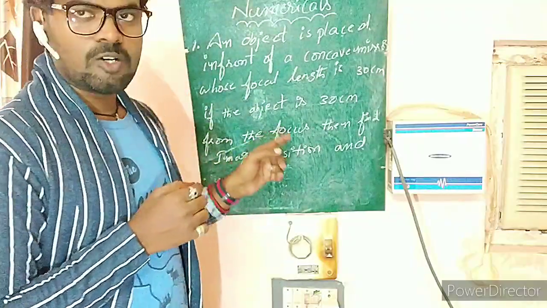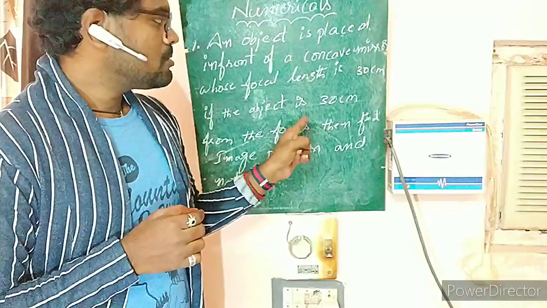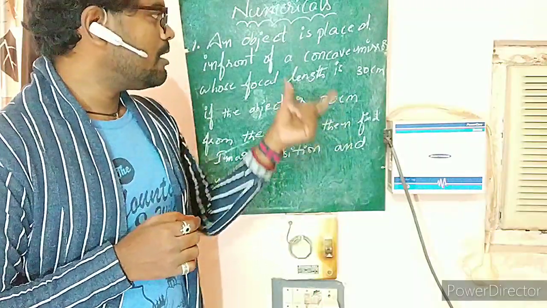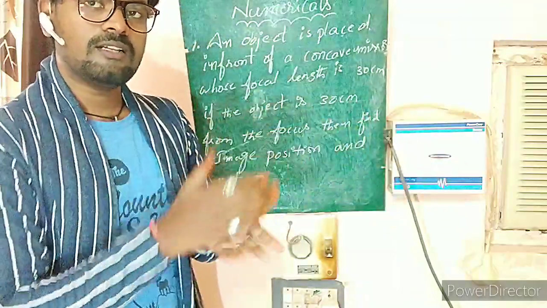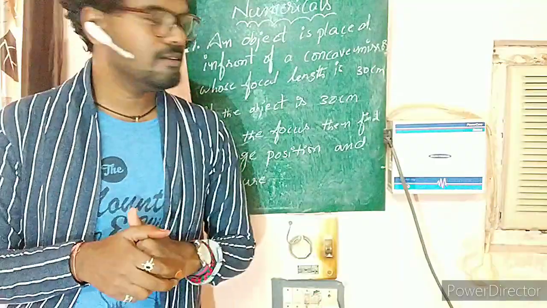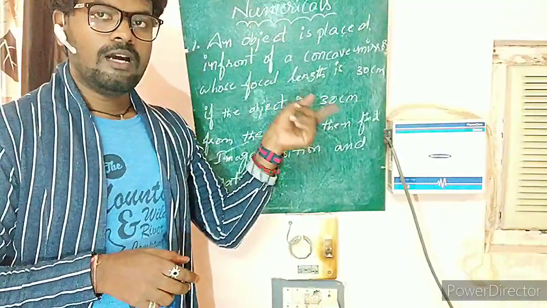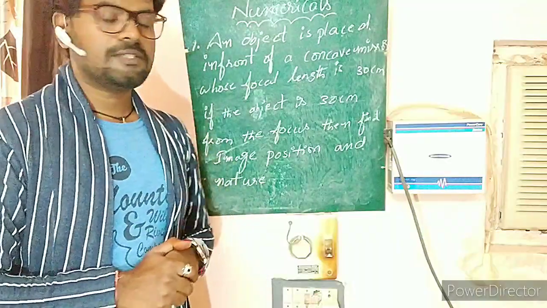So here we have a clue. Object is 30 cm from the focus. So 30 cm from the focus, in the sense, already focal length is 30 cm from the focus. What is the meaning of that one? Object is exactly at the center. That's it, right? Simple. Focal length is 30 and from focus it is 30 cm away. So 30 plus 30, 60 centimeters. What is the meaning of that one?